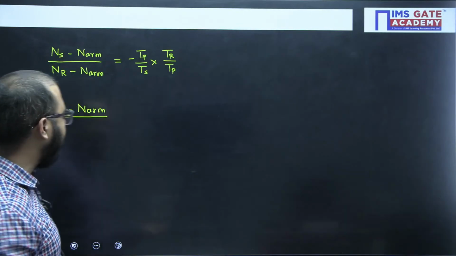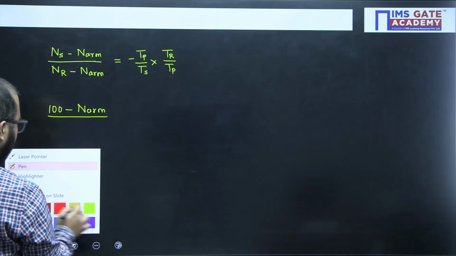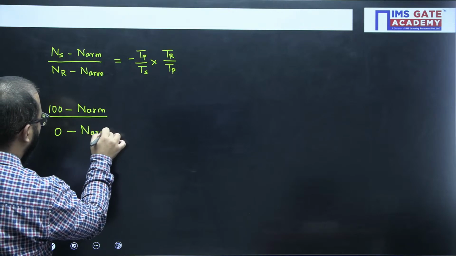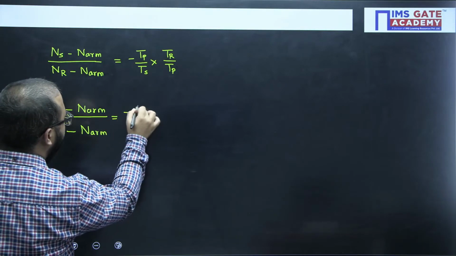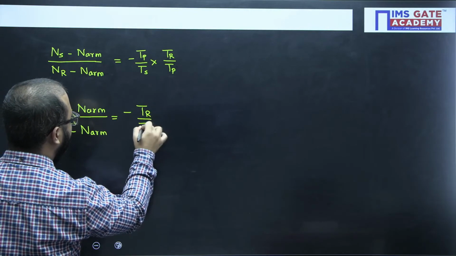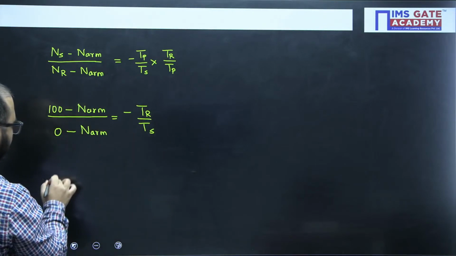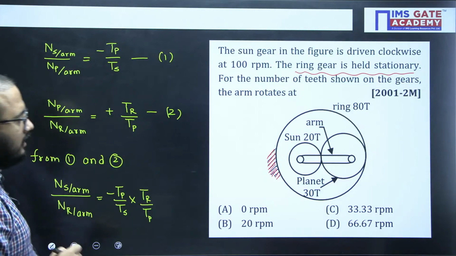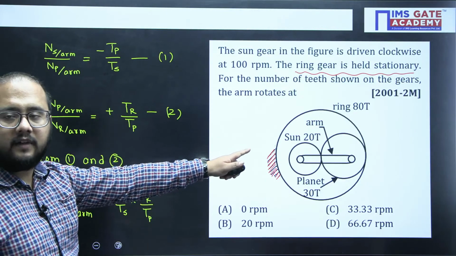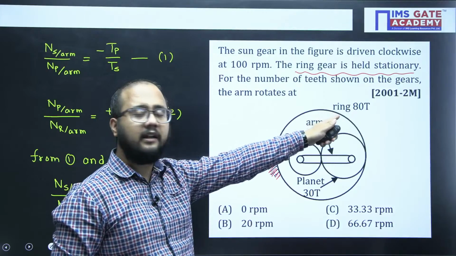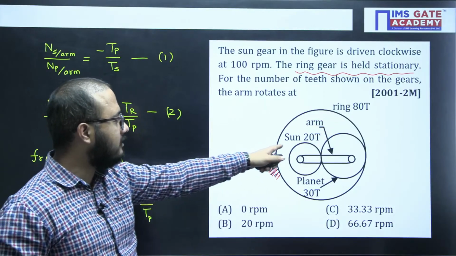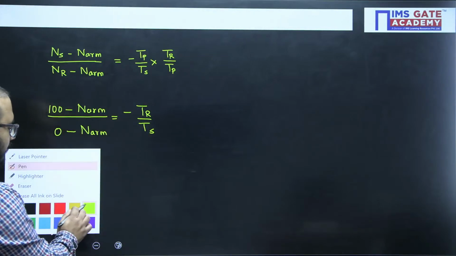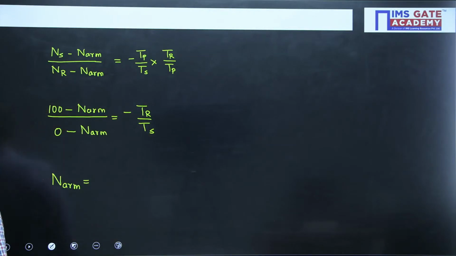So ring will have 0. Minus Tr by Ts. So from here, the speed of rotation of the arm you can easily calculate, because the Tr value they have given us, number of teeth on ring 80 and number of teeth on sun mentioned as 20. So you will get the answer very easily. Okay, so do it fast and tell me your answers here.